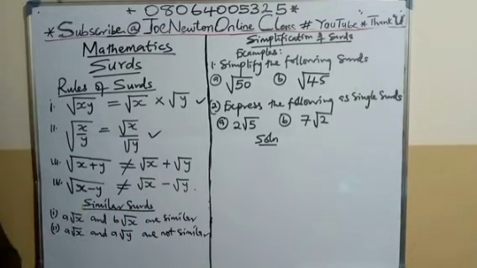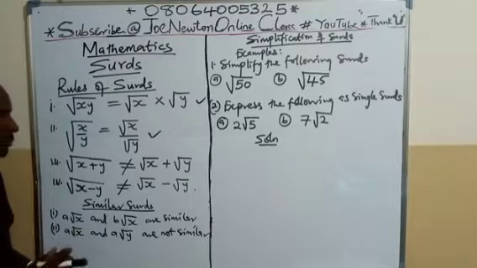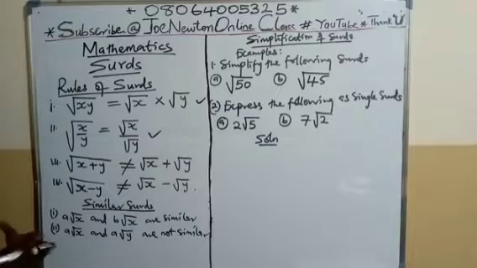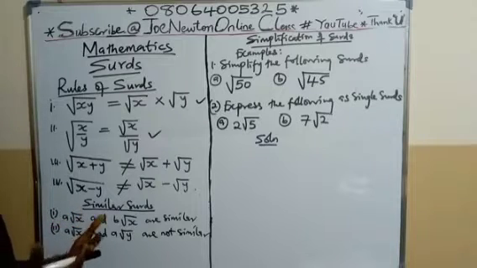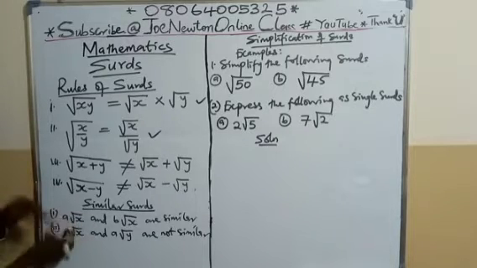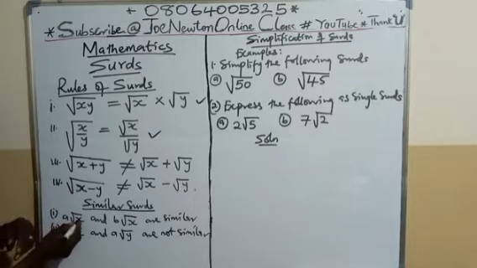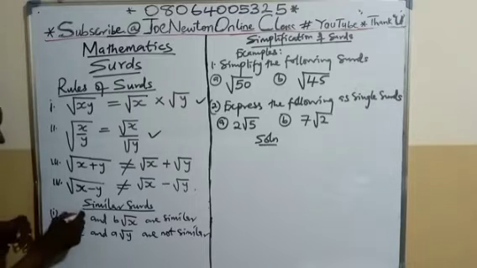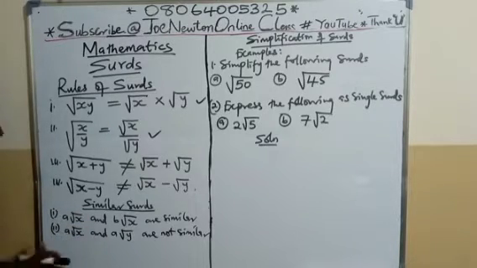Then there are what we call similar surds. So these are basic rules. By similar surds, we mean surds that are the same. Surds are said to be similar if their irrational parts are similar. In a surd like a root x, the a is the rational part, and the root x is the irrational part of the surd.